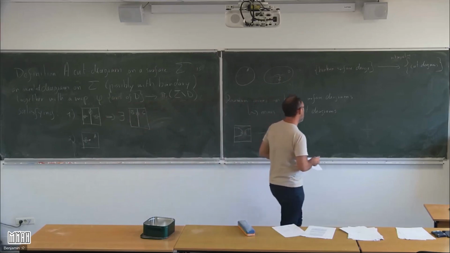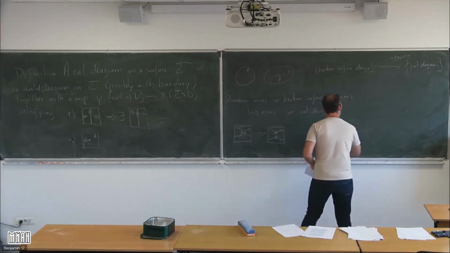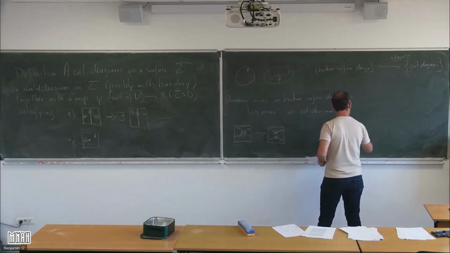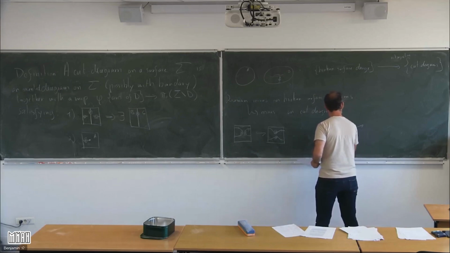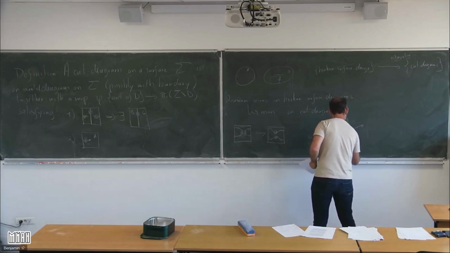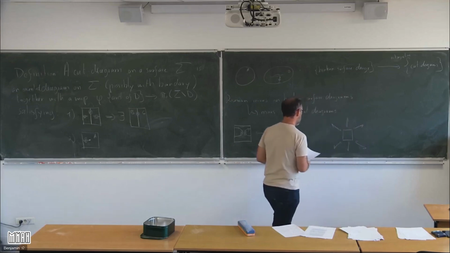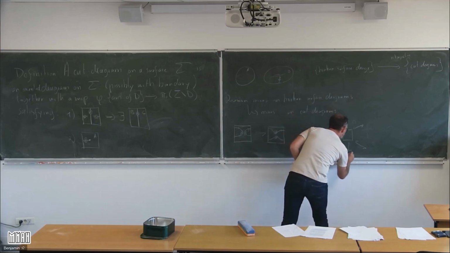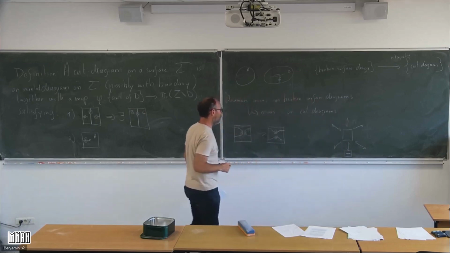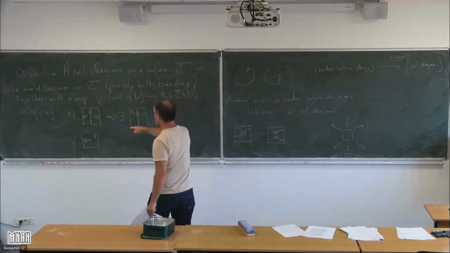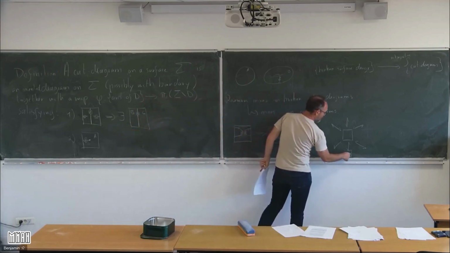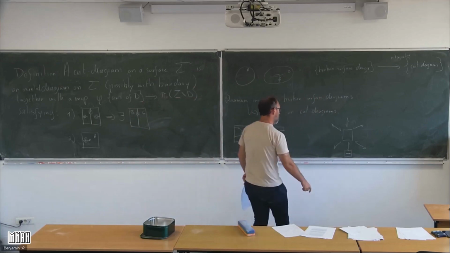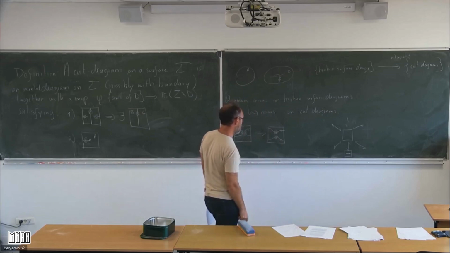On the 6 other moves, they start with an empty piece of the surface, and it creates one of the following diagrams. So either you have just one interval like this, and because of the second rule, this strand is necessarily labeled by the region within which it is.